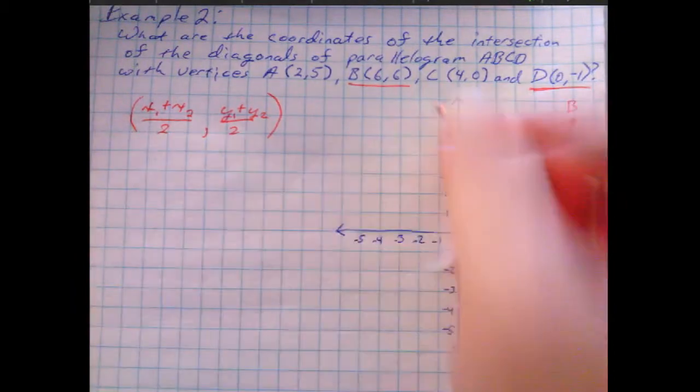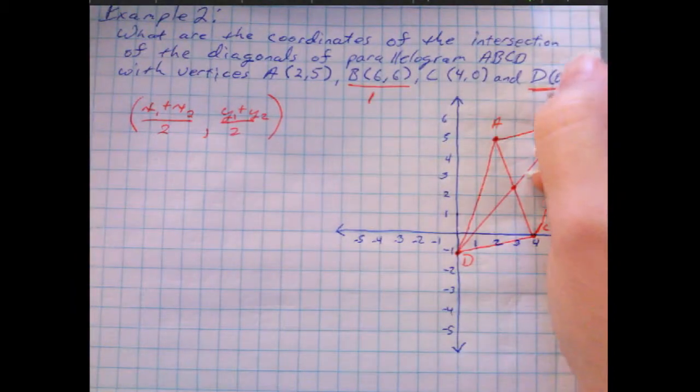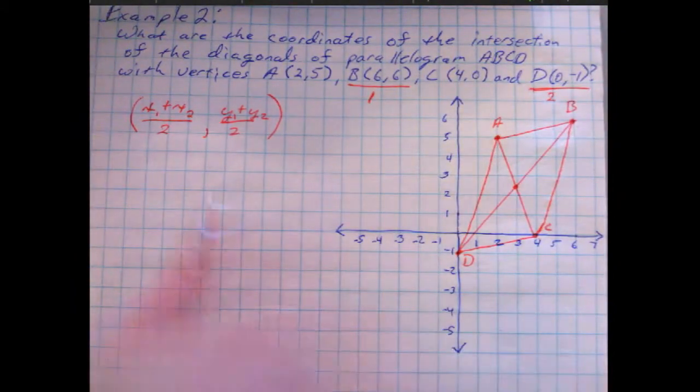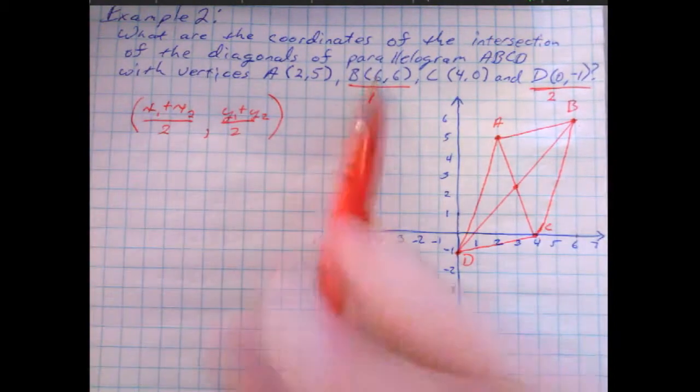So we're going to plug those in. Well, I'm going to call B 1 and I'm going to call D 2. So anytime it says x1, I'm going to be using this one.